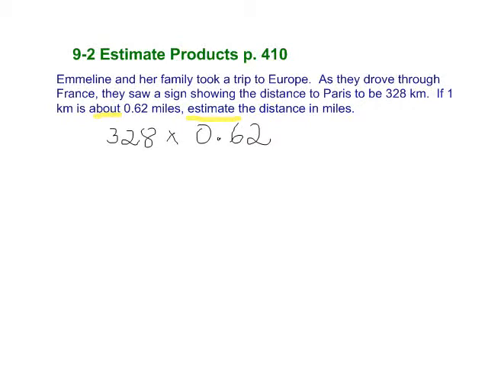You are then being asked to estimate 328 times 0.62. So let's see how we can estimate these factors.